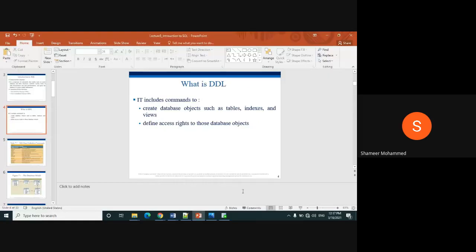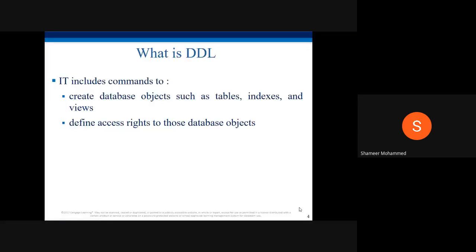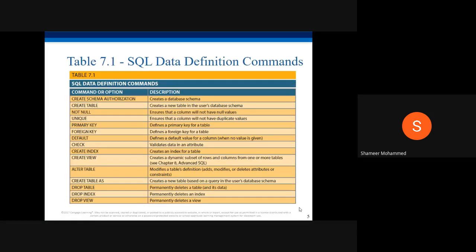So it will be like this. This is the table, this is the view, this is the index. I have here these two tables, customer and vendor. I will tell you about that later. So using these commands, we can create the tables.